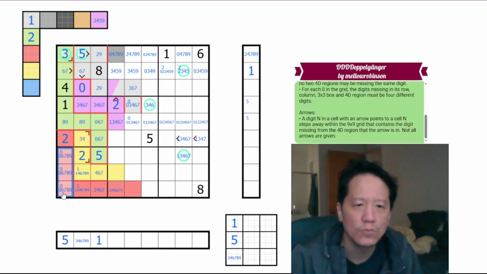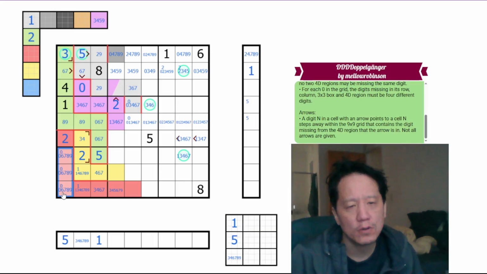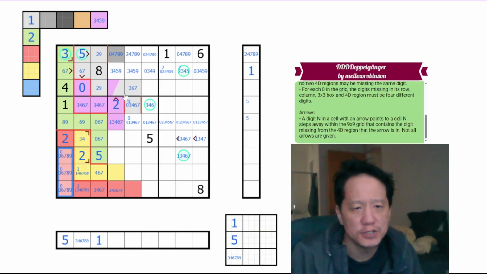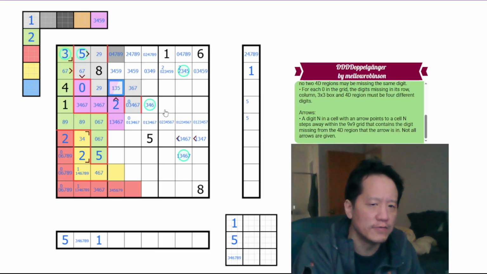Okay, so this digit cannot be 0, 2, or 4. We have 1, 3, 5, 6, 7, 8, and 9.